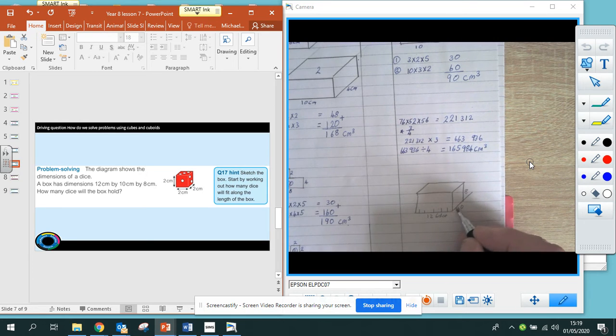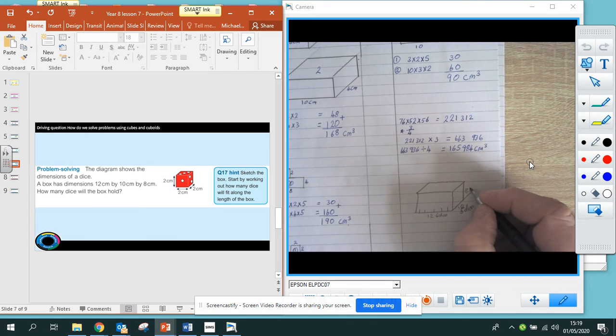Here to here is 10 centimeters. Each dice is 2 centimeters long. How many could I fit in along here? Well, 10 divided by 2 is 5, so I've got 5 dice. And lastly, 8 centimeters. How many dice could I fit in 8 centimeters? I could fit in 4. So this is going to be 4 dice.